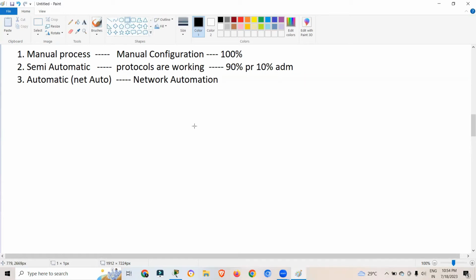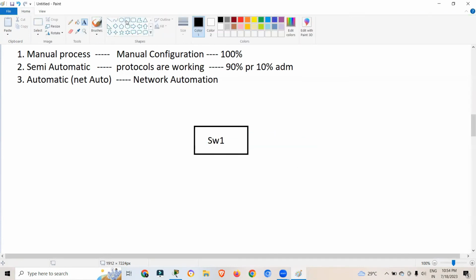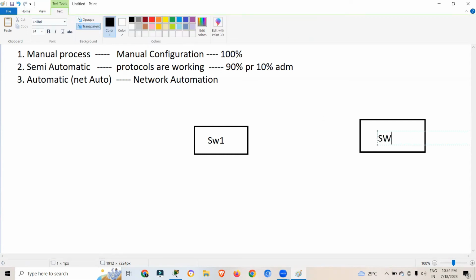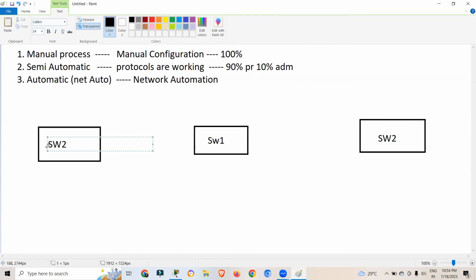If I have a switch like this, my switch 1, there is another switch, this is switch 2, and this is my switch number 3.